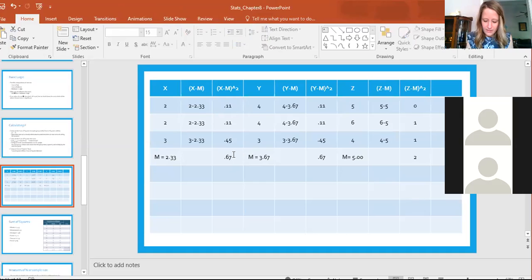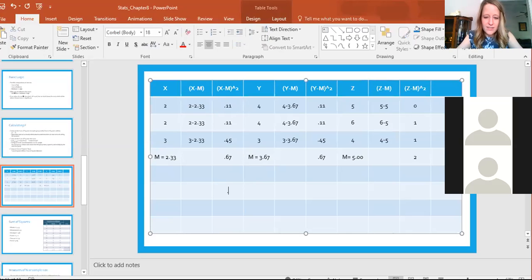So let me double check, plus, what was it, 2? Yep. So if we add these together, 0.67 plus 0.67 plus 2 gives us 3.34. And so that is our sum of squares within, or sum of squares within groups.